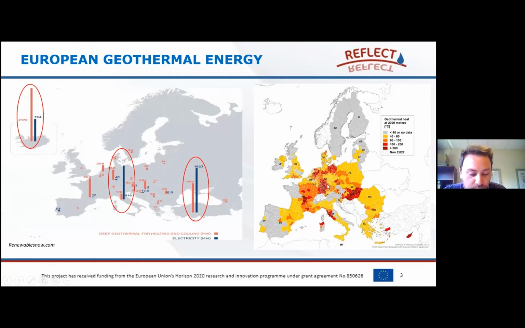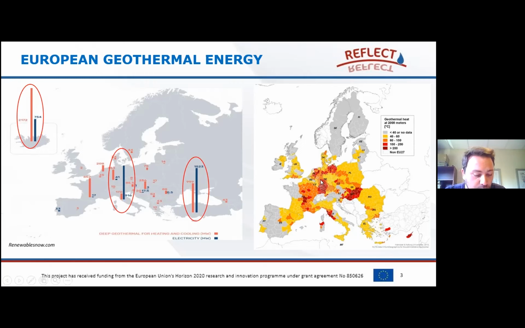When we look at the geothermal heat distribution map at 2000 meters in the world, the heat distributions vary between 100 and 200 degrees in Germany, 60 and 100 degrees in France, and 100 and 200 degrees in Turkey, especially in the west part of Turkey.